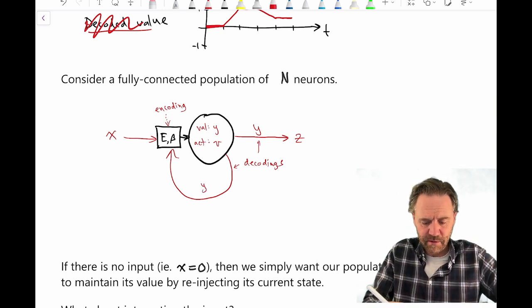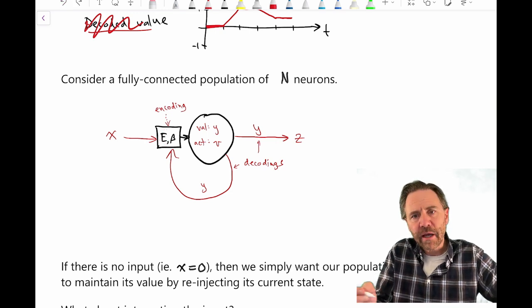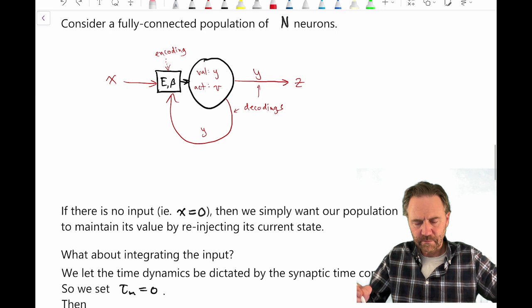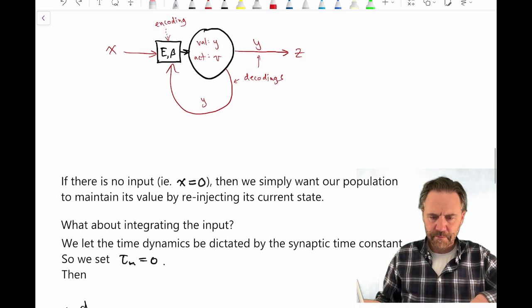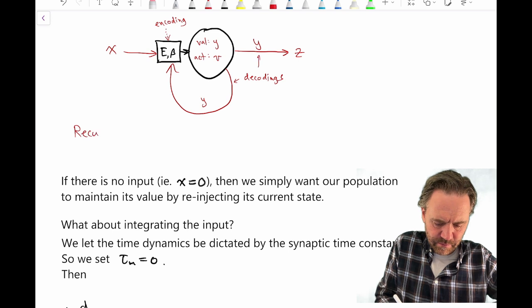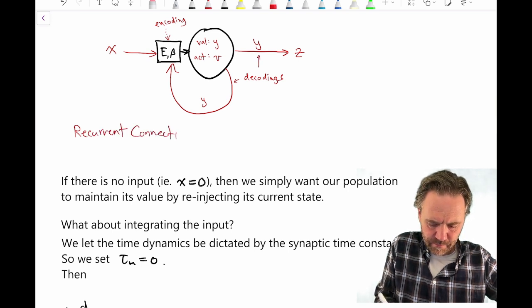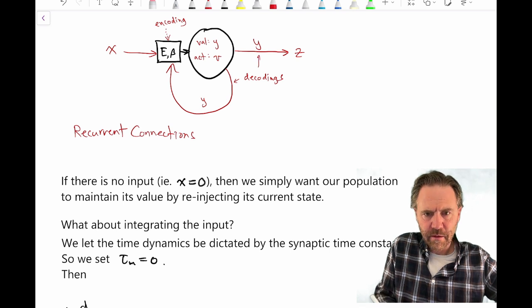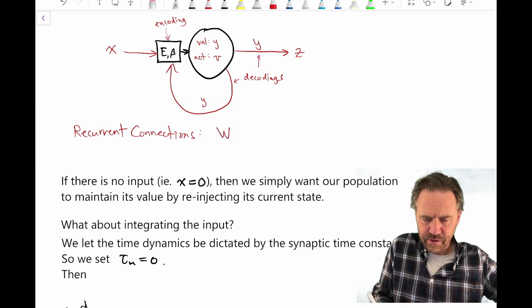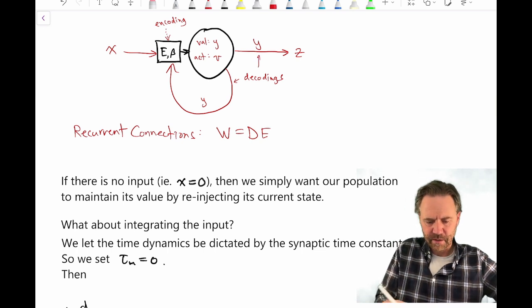Just multiply it by the encoding weights and add the biases, and back in it goes. So here we have the recurrent connections, or you could write W as the decoding weights times the encoding weights.